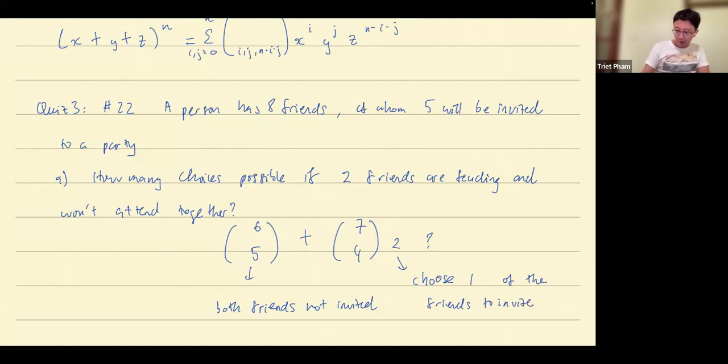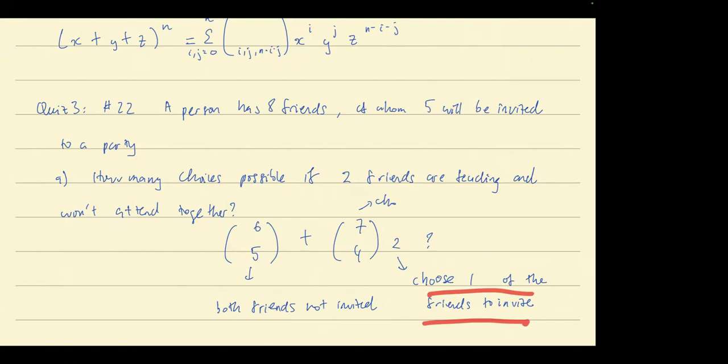And then you have 4 left because you need 5 total, and choose the remaining 4 from the 7. Oh, and by the way, do you see a mistake here? Choose one of the friends to invite, and then you choose the remaining 4 from the 6. Yeah, agree.